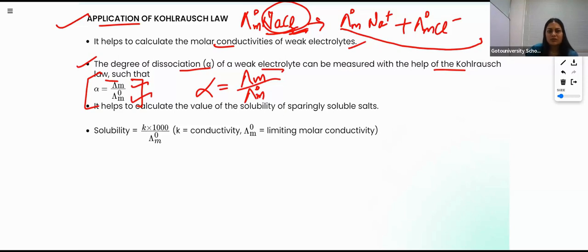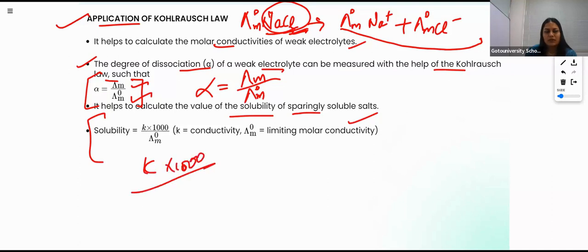It also helps us to calculate the solubility of sparingly soluble salts, that are less soluble in solvents, right? So solubility, as we have discussed, equals kappa into 1000 if we are taking the amount in centimeters, right? This is very important. Okay.